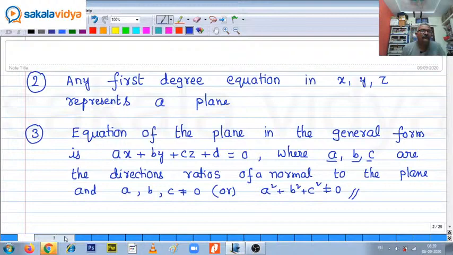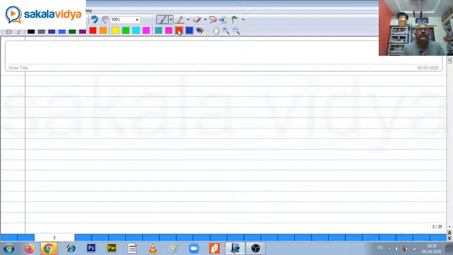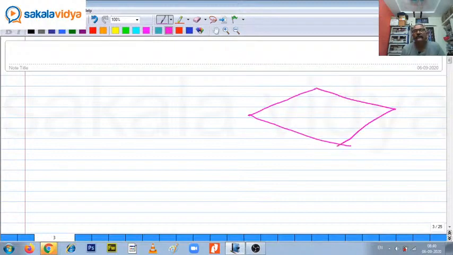Now, for example, you take a plane like this. This also we can say is a plane, no problem. A rectangle or any shape, this is a plane only. For example, take a normal like this.